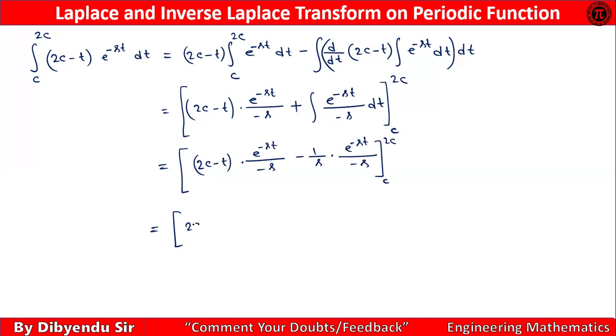So (2c minus t) into e to the power minus st divided by minus s, this is minus minus plus 1 by s square, actually e to the power minus st by s square, c to 2c.